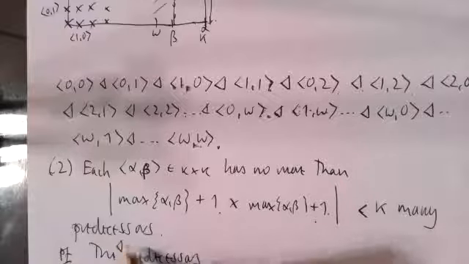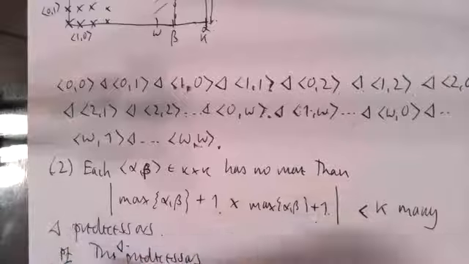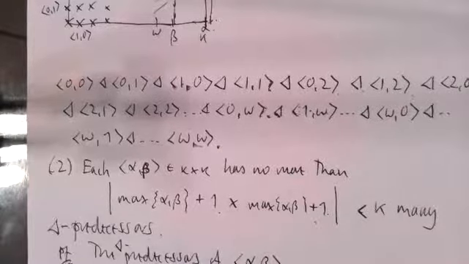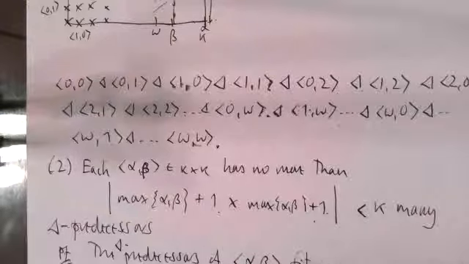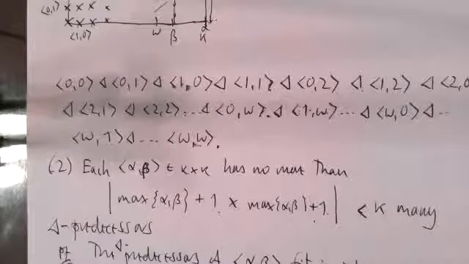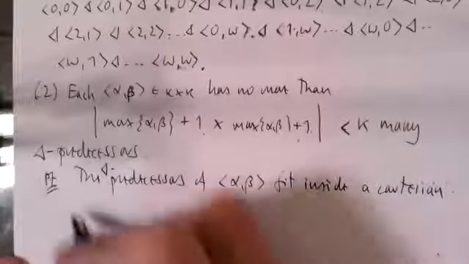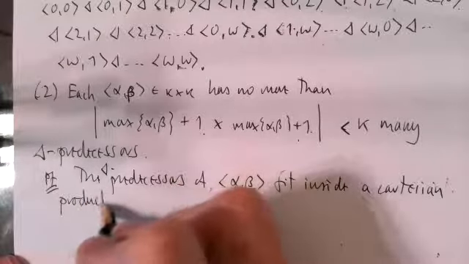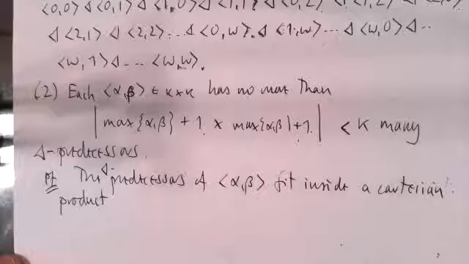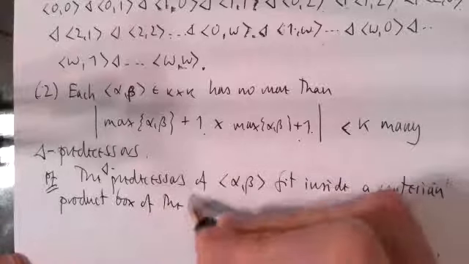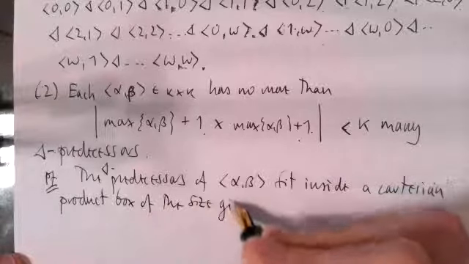So the triangle predecessors of alpha beta here fit inside a Cartesian product box of the sizes given.